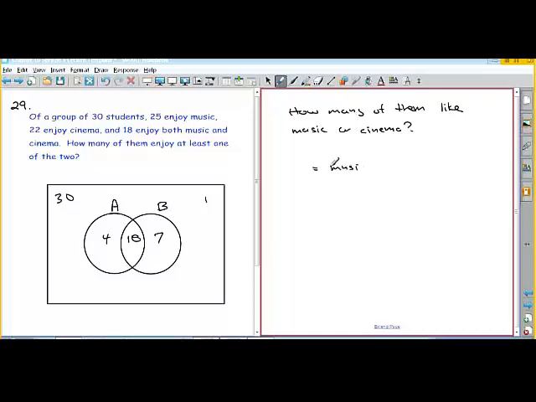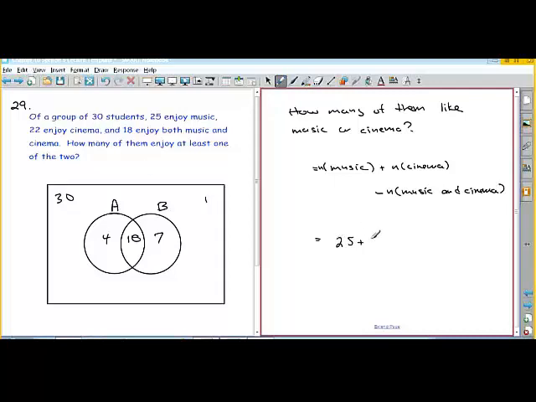So to answer the or question, you would say, how many like music? I'll put a little n here. The number that like music, plus the number that like cinema, minus the number that like music and cinema.